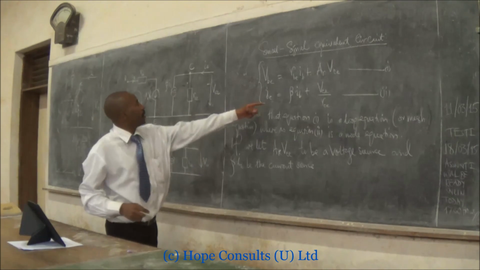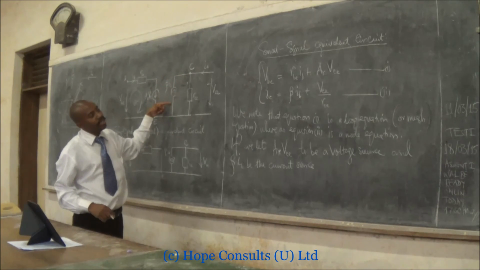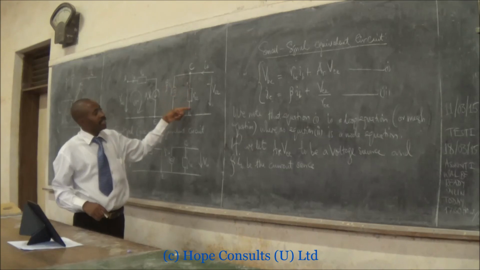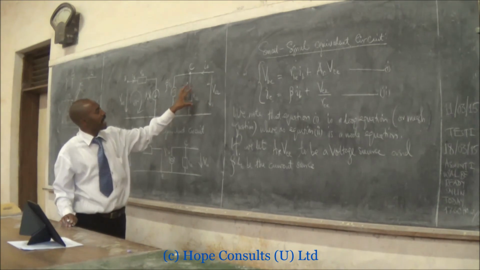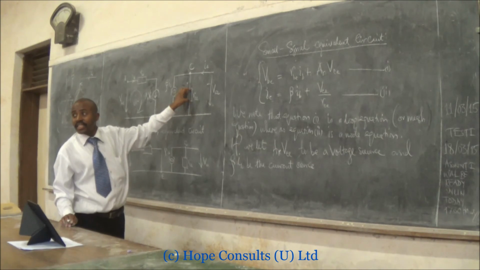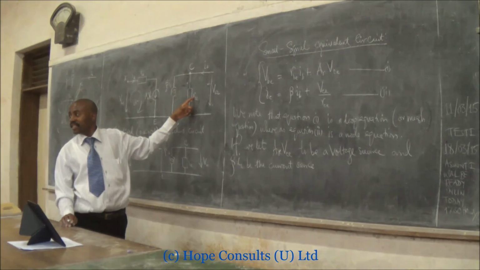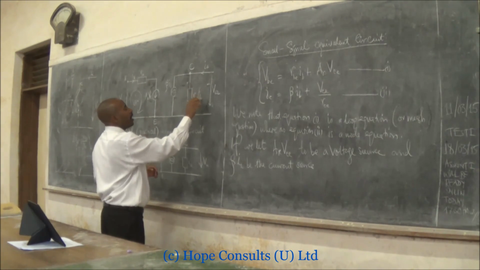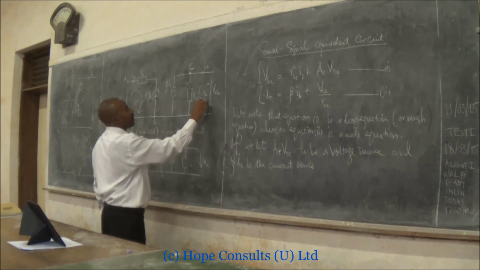Whereas this other one, where IC will be equal to IB multiplied by beta plus the VCE over this resistance, because the current through here is the same as this voltage divided by this resistance. So here the current flowing is the same as VCE over RCE.